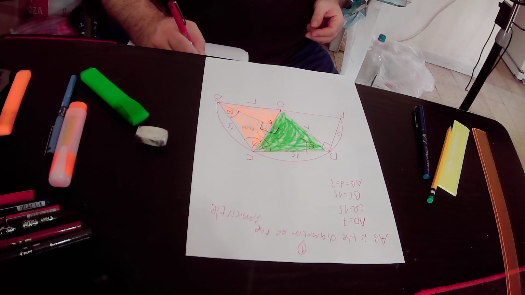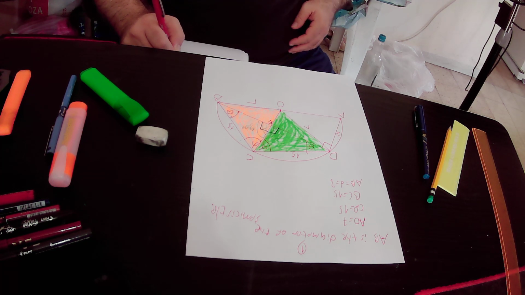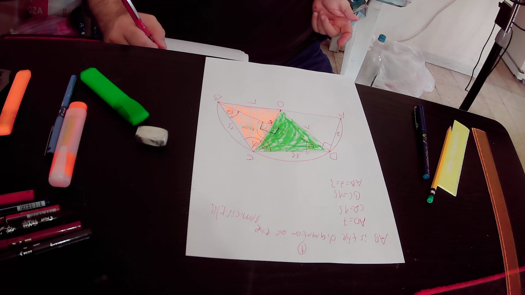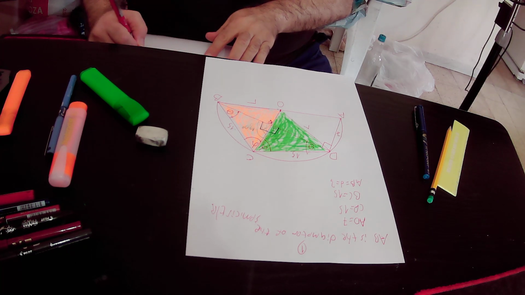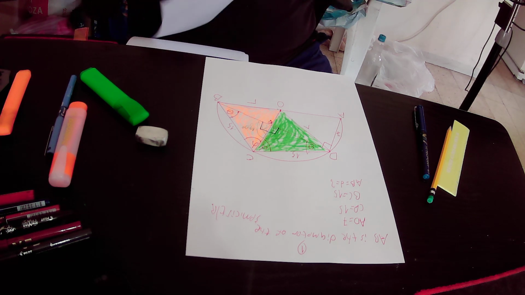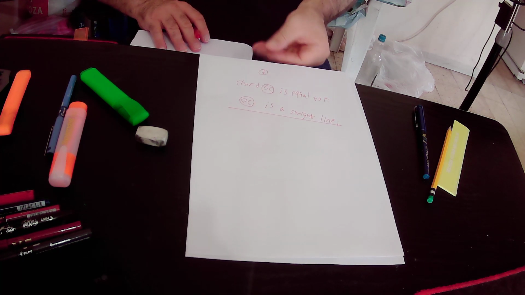So OC is a straight line. Again, OC is a straight line because it is the radius of this semicircle.